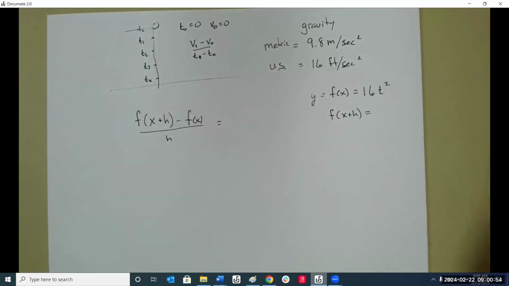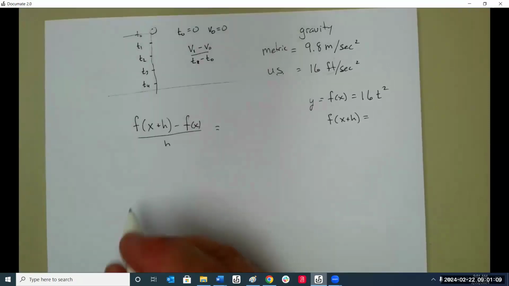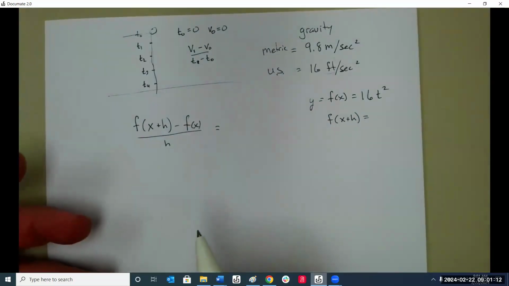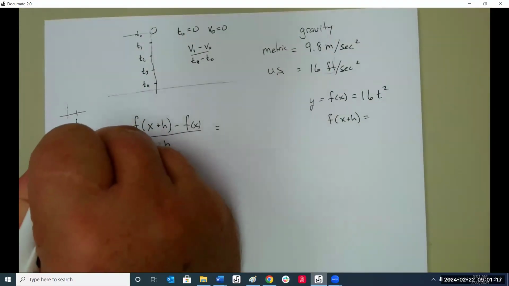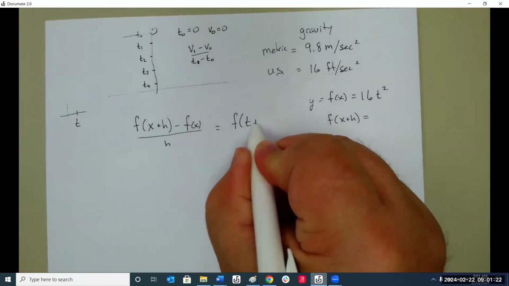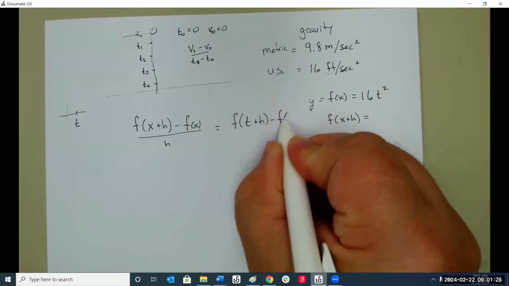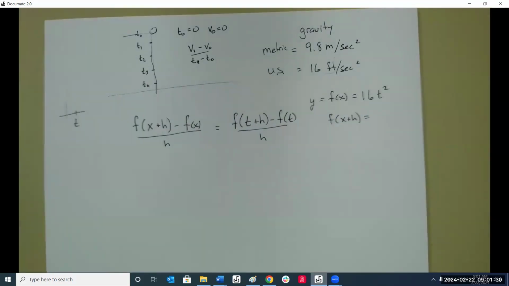How do we find that? The first one was at rest. Well, not really x. Whenever you deal with motion, your x-axis of your graphs is always time. So with this one, we would have time plus h minus f of time over h, because we have a moving object.